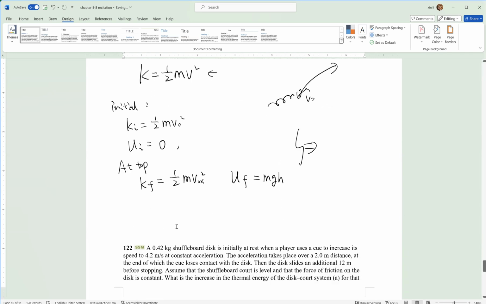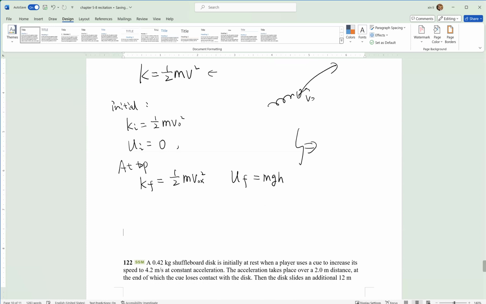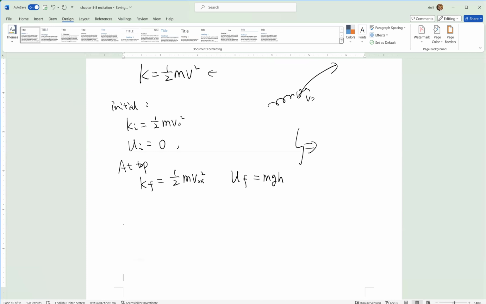And what we have here, we are going to have 1/2 mv initial squared will be equal to, so this plus this will be equal to this plus this. 1/2 m, and our V initial x is V initial times cosine 30 degree. Put like this, plus mgh. And from here, you will be able to get your V initial.